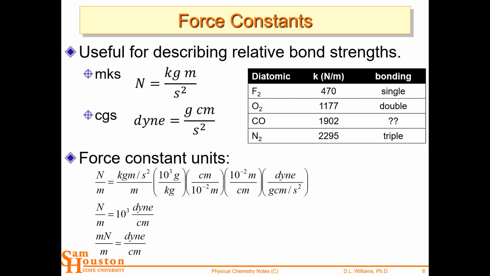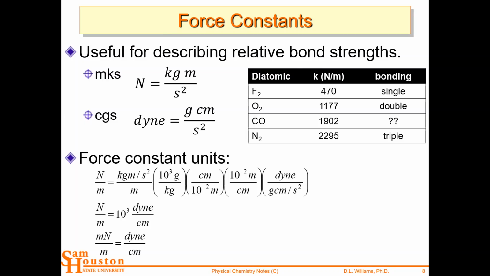One is the meter kilogram second, or MKS system, and that's the one we use the most. But there's also CGS. If you know MKS stands for meter kilogram second, then you can probably figure out CGS: centimeter gram second. And a centimeter gram second system of units would give you the dynes.